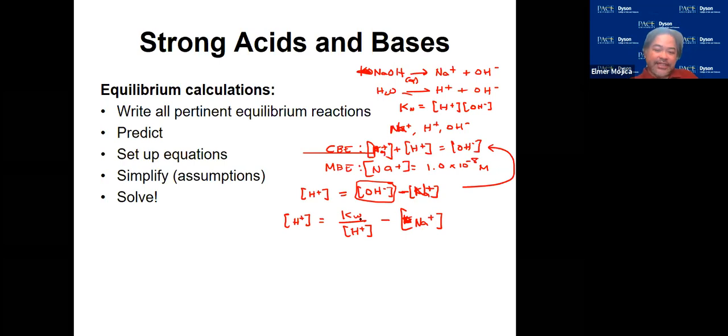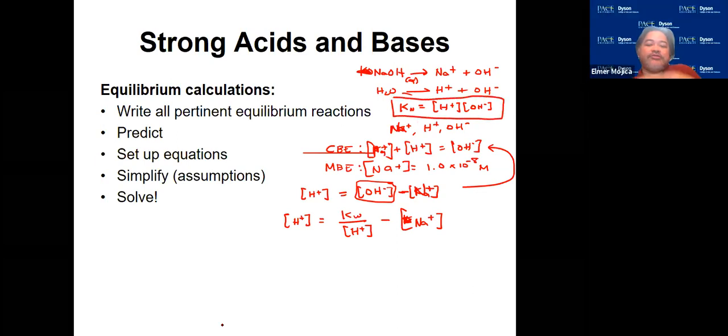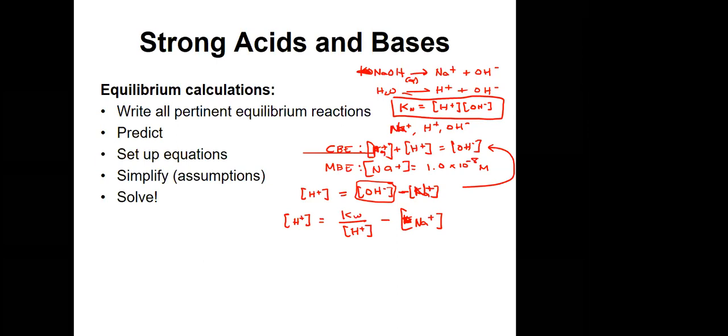So where did I get the Kw over H plus? Anyone? You rearrange Kw equals H plus times OH minus, because I want to express the OH minus in terms of H plus.